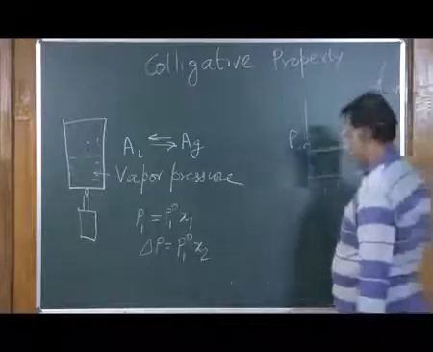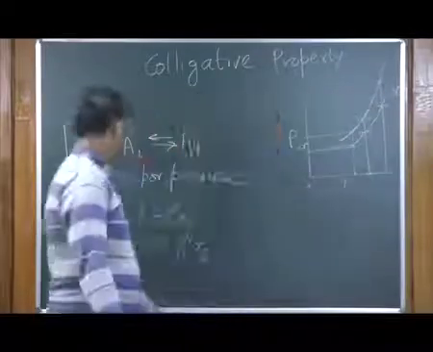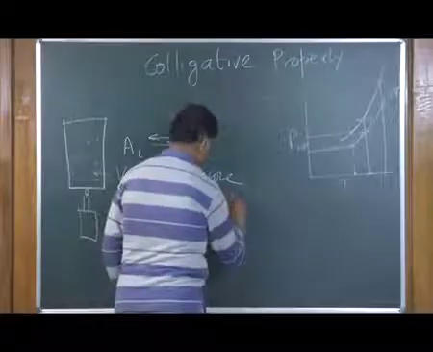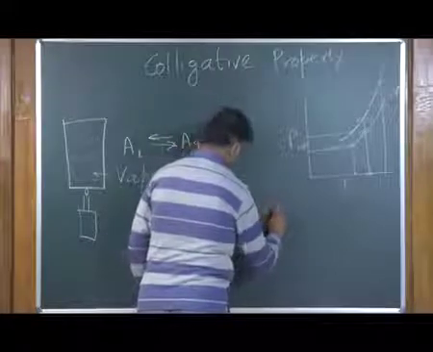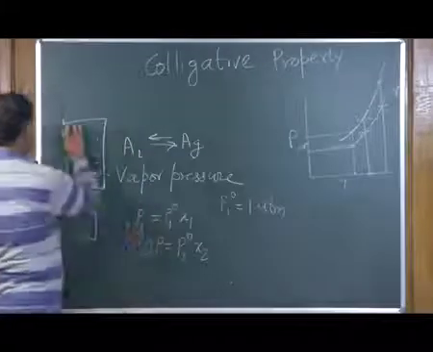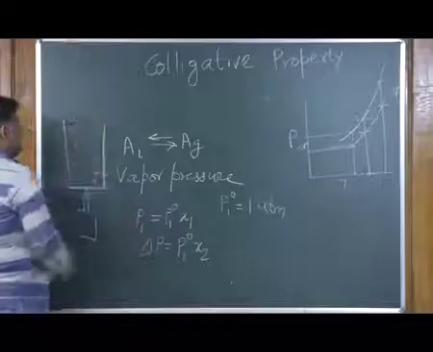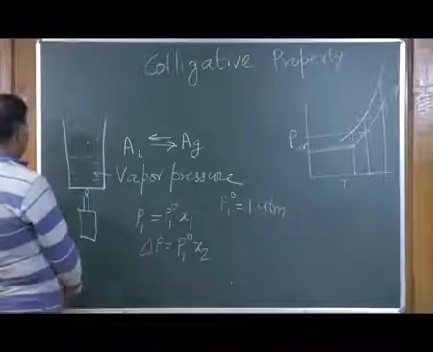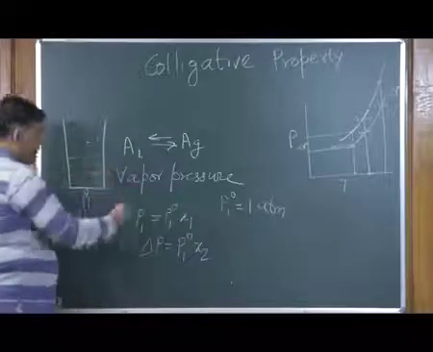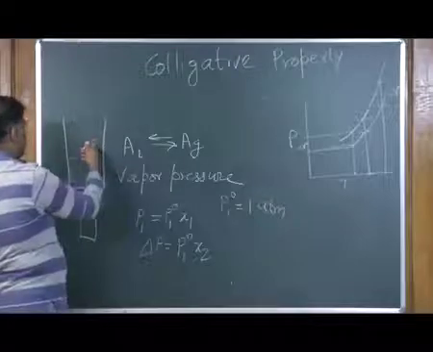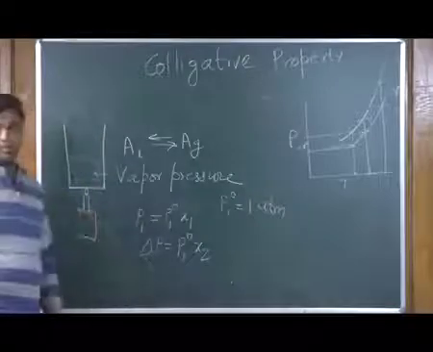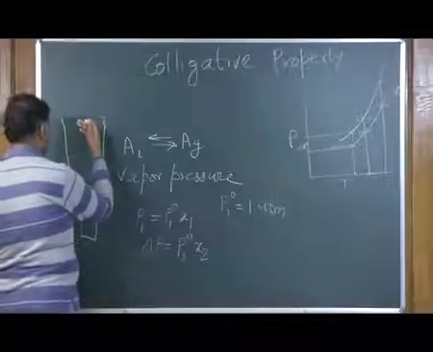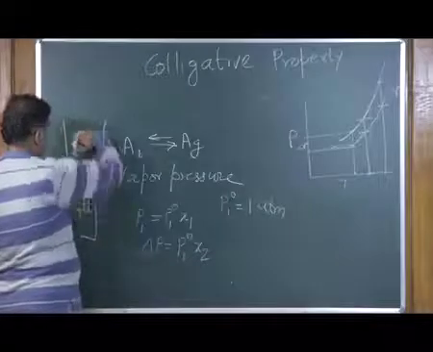Now, what is the normal boiling point? Normal boiling point is when the vapor pressure P1⁰ becomes equal to 1 atm. If I have left this container open at 1 atm, at the normal boiling point the external pressure and the vapor pressure become equal and it will simply boil. It will keep on continuously boiling and the gaseous molecules will simply keep on escaping.